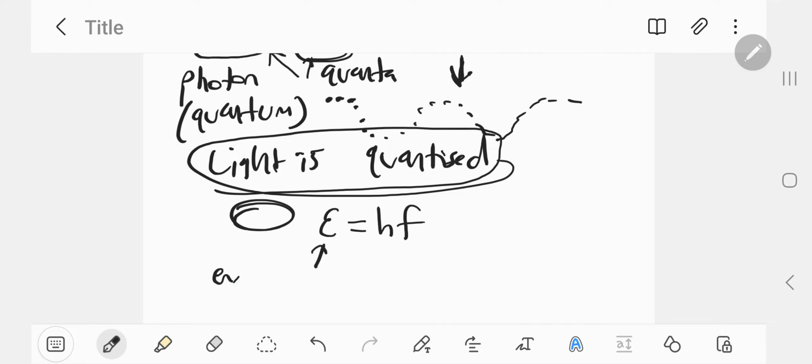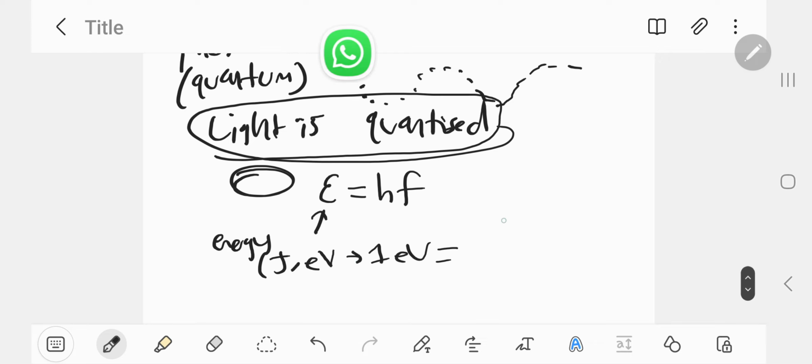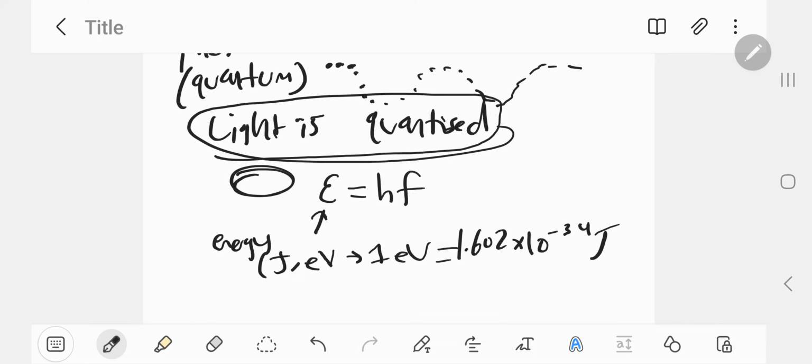E is energy, measured in joules. Sometimes it's measured in electron volts as well, eV, electron volt. And 1 electron volt is equal to 1.602 times 10 to the minus 19 joules. h is Planck's constant, named in honor of Planck.